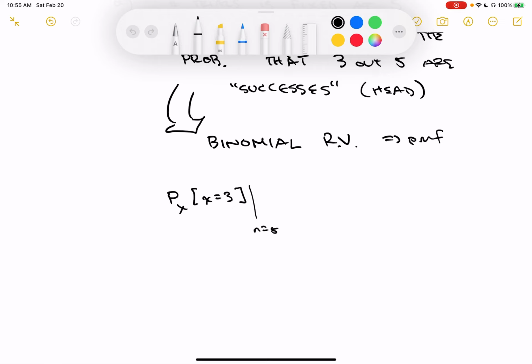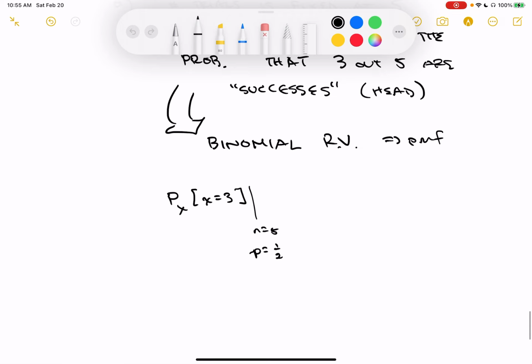N was one of them. Another one that was in it was the probability of success, p. Because it's a fair coin, we know p equals 1/2. And we can go straight to the model and find out what the likelihood of that is. What does that equal to? Well, I had 5 choose 3, number of trials choose the number of successes, right? My probability of success is 1/2.